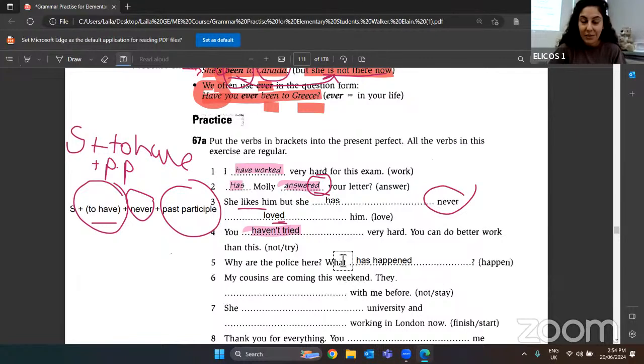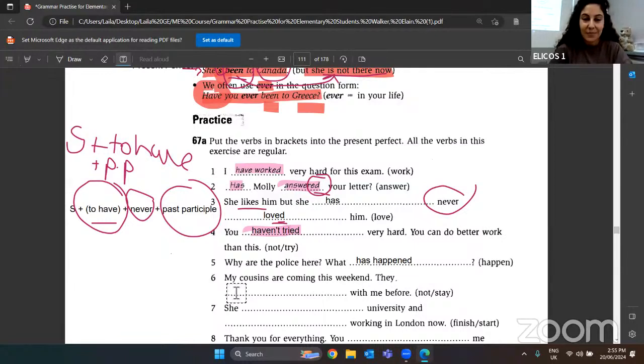Yeah, it's a question with the W. Has happened. So you don't put it because you're using a what. What has happened? Unless you want to put the subject: what has she done? Where has he gone to? But this is a common phrase that we say, like, what has happened? No subject.